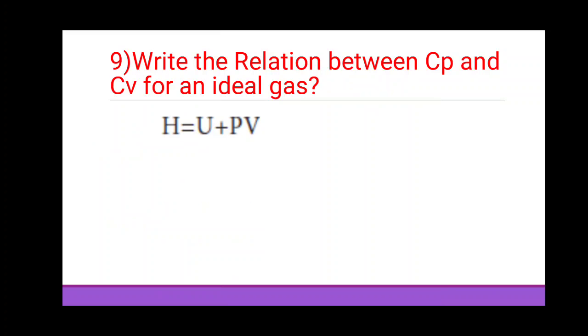Next, PV equal to nRT for an ideal gas; that also we have to write. Now, the third step, in the place of PV, we can substitute nRT. So H equal to U plus nRT.